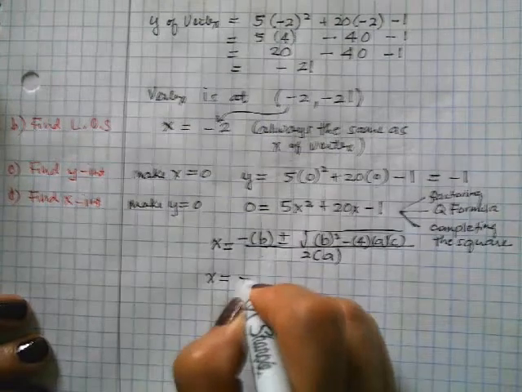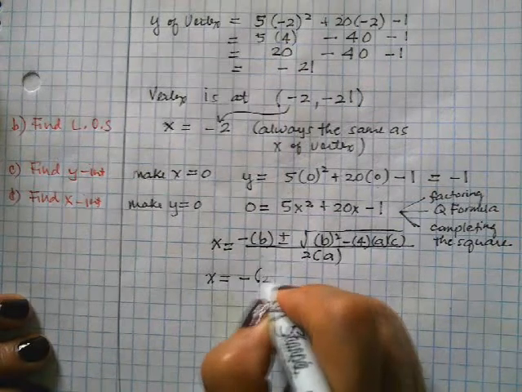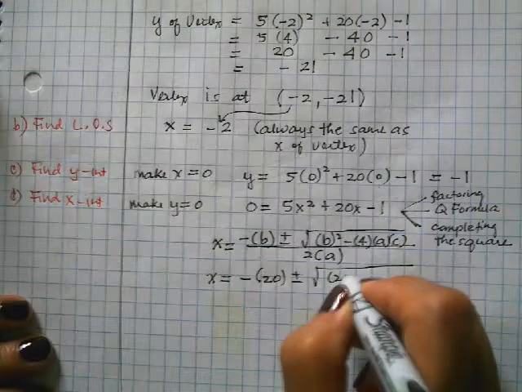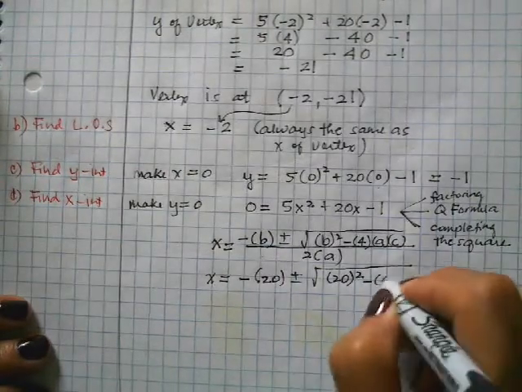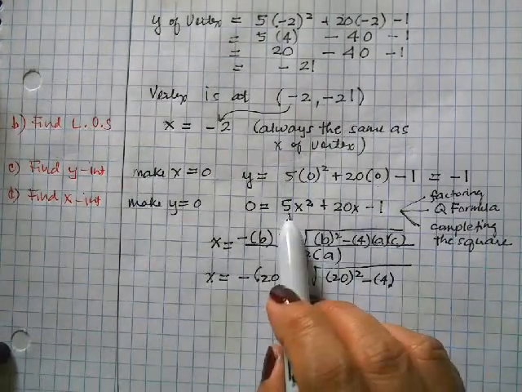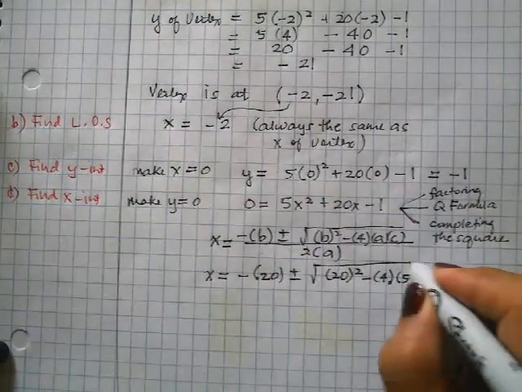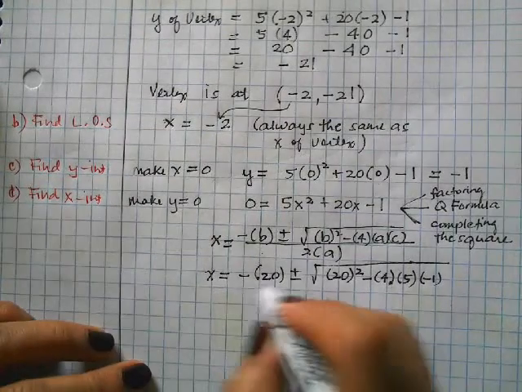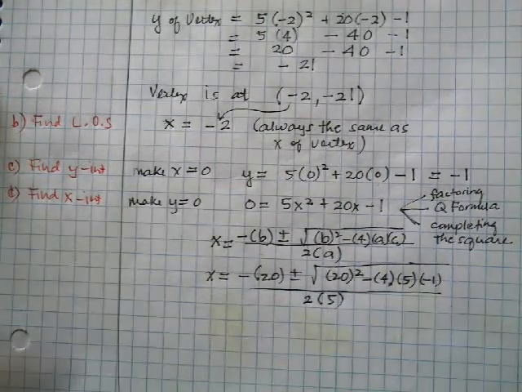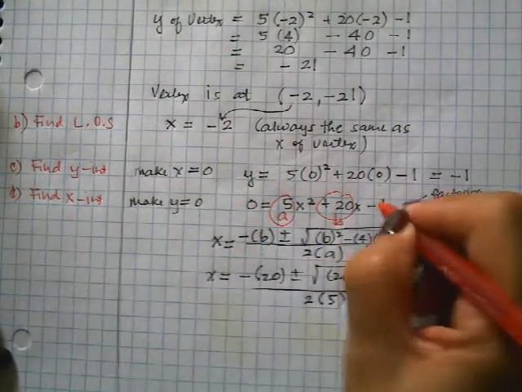Let's substitute. -b is -20 plus and minus the square root of 20 squared, which is 400, minus 4 times a, which is 5, times c, which is -1, and over 2a, 2 times 5. This is your a, this is your b, and that is your c.